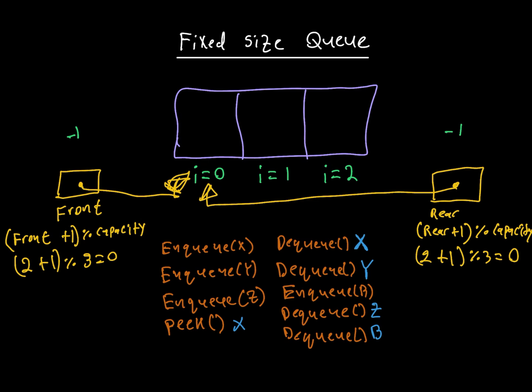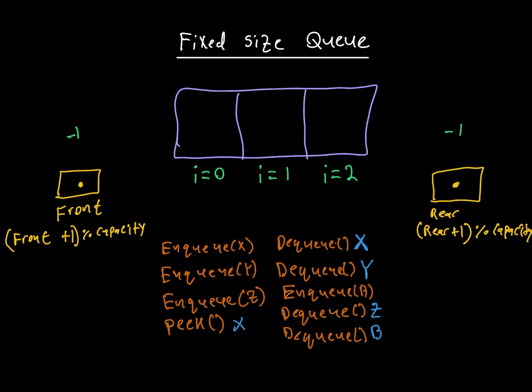And this time, since front and rear are both pointing at the same index, that means that we are now empty. Our queue is empty. So what we would do instead of incrementing it and using the modulo operator is simply point front and rear back to -1.